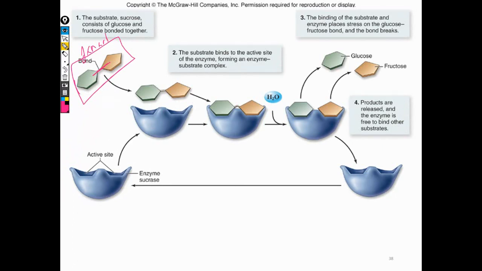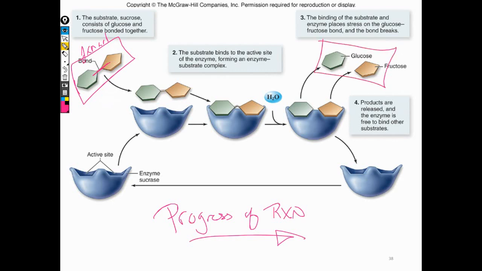So that's my beginning. You can imagine this is our progress of reaction. And way over at the end down here, I have my two single molecules, right? Janet and Carl.